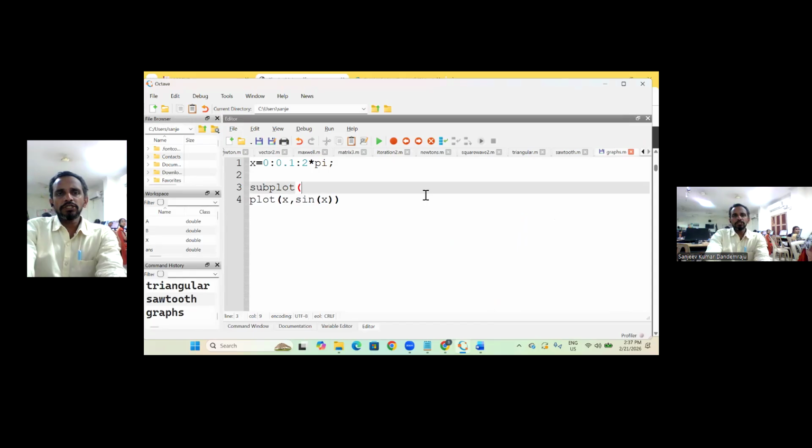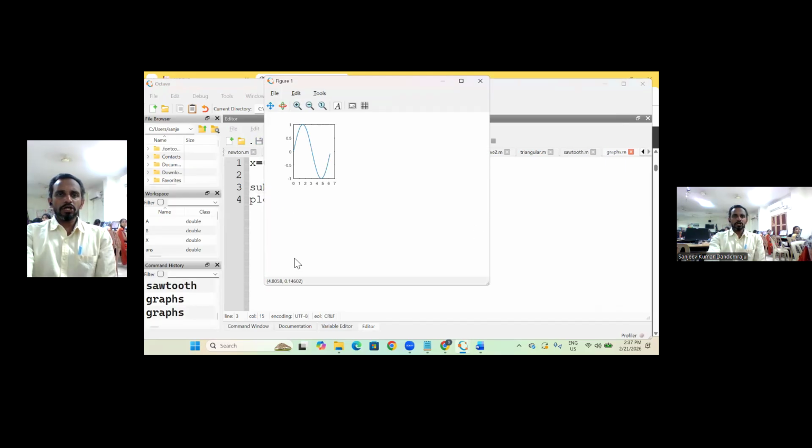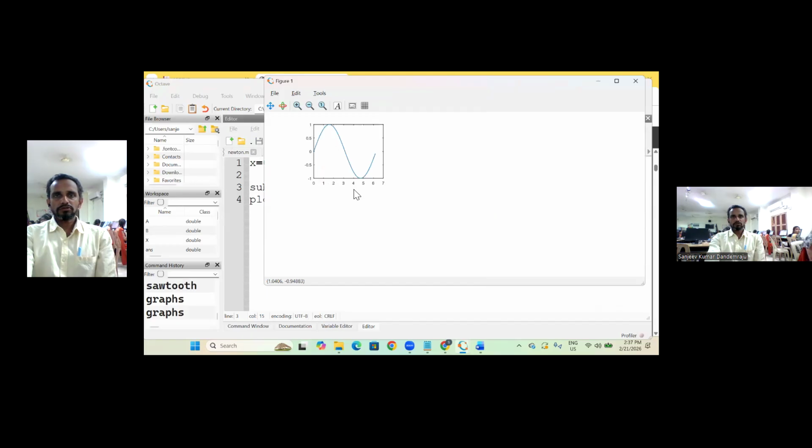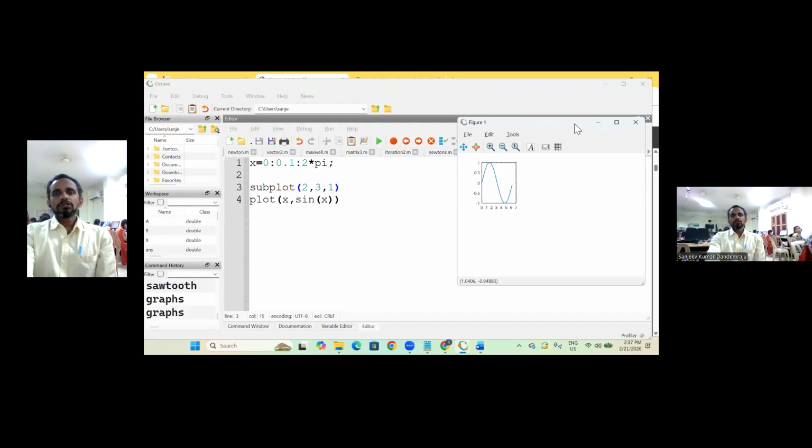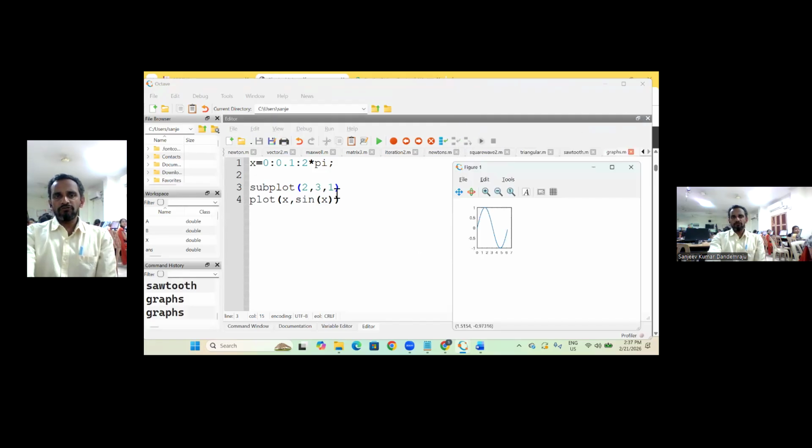Then use subplot 2, 3, 1. It creates a 2 by 3 grid, 2 rows and 3 columns, and in the first slot, it plots x versus sin x.